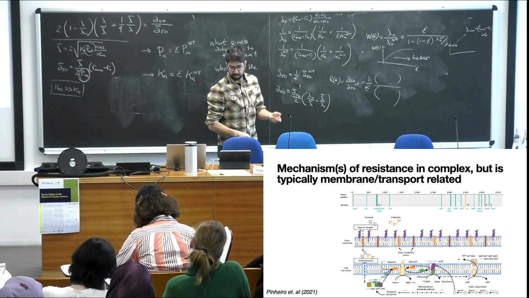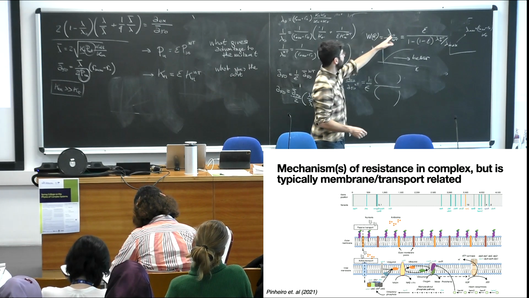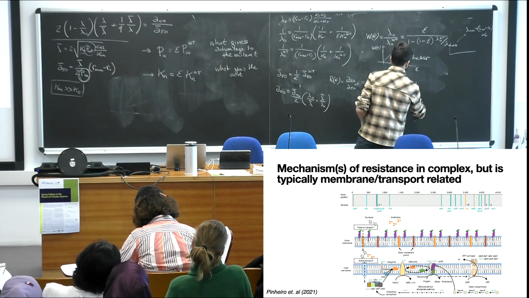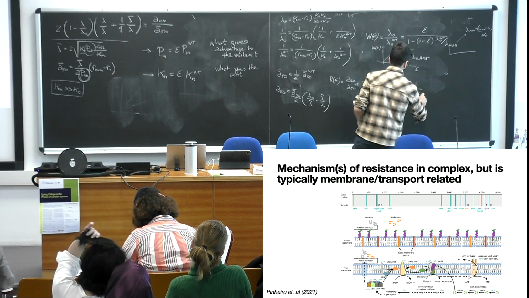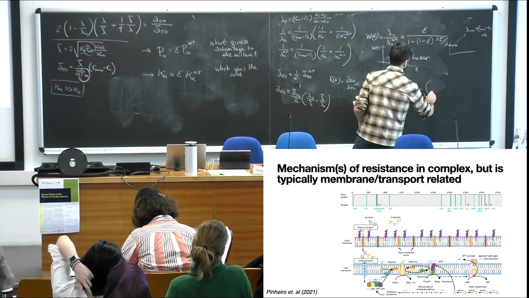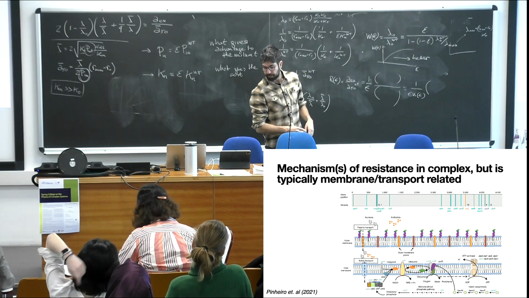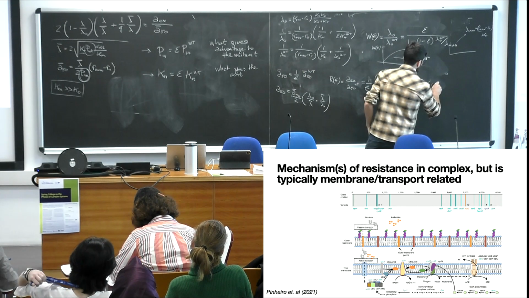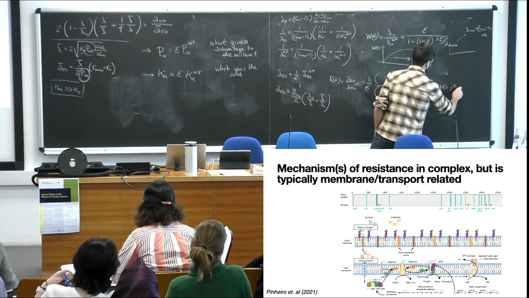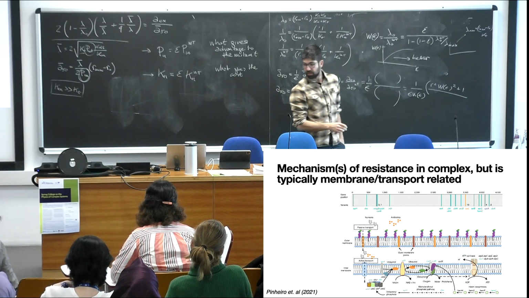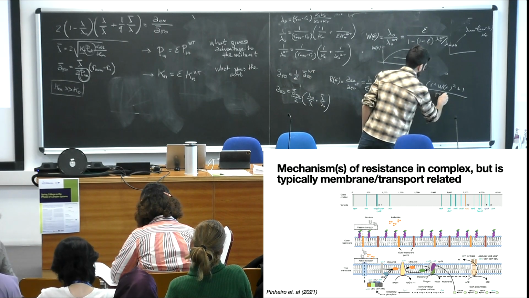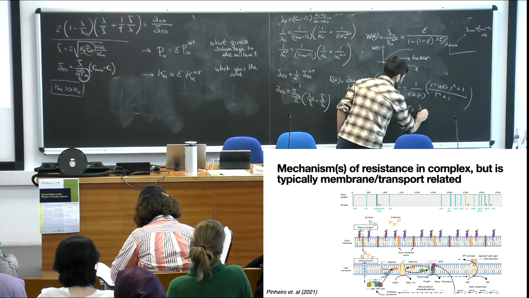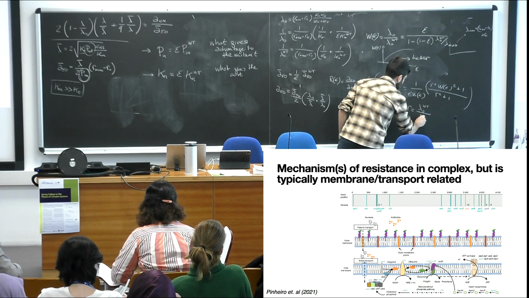One gets an expression which is a function of this ratio here, and it looks like 1 over epsilon times R squared W epsilon squared plus 1 over R squared plus 1, where R is equal to lambda naught of the wild type over lambda bar.